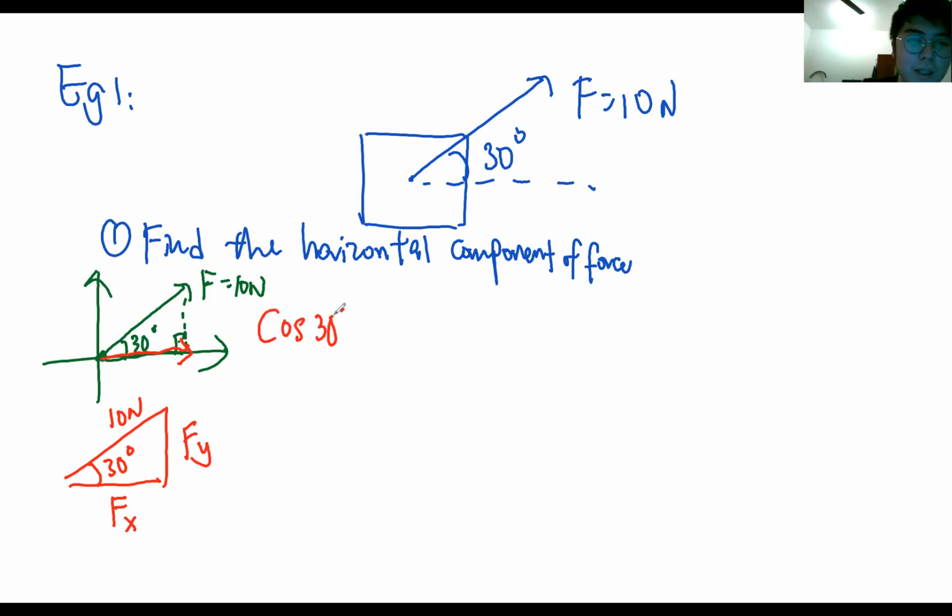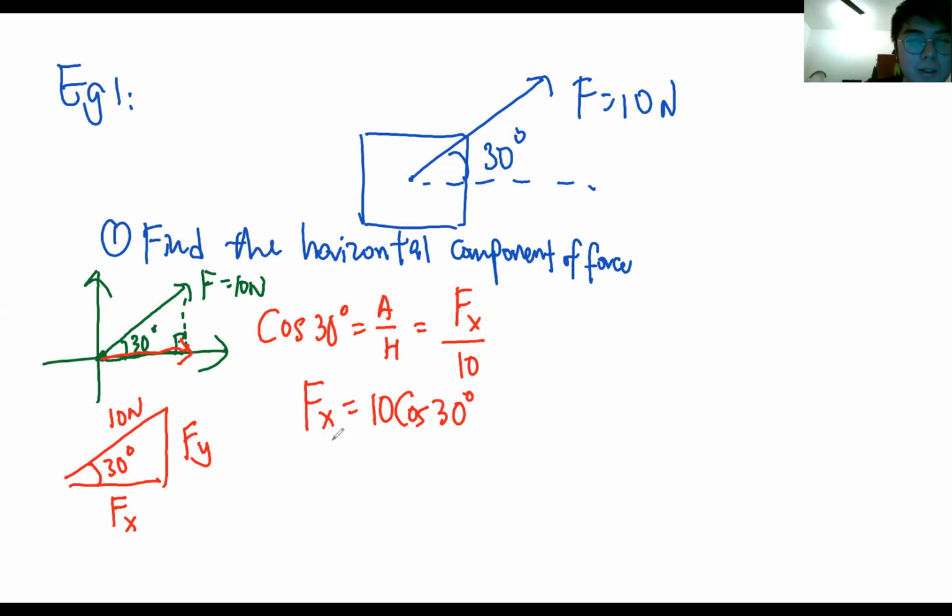Cos 30 equals adjacent over hypotenuse, right? So adjacent divided by 10. So you can move this over there. So Fx equals 10 cos 30 degree.